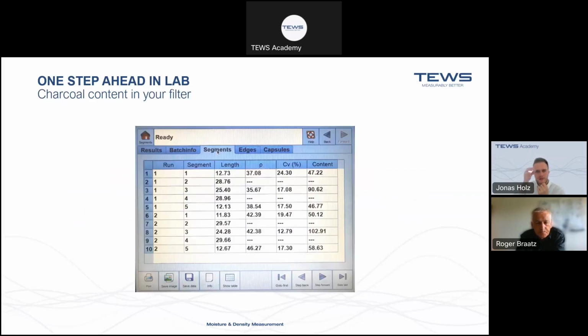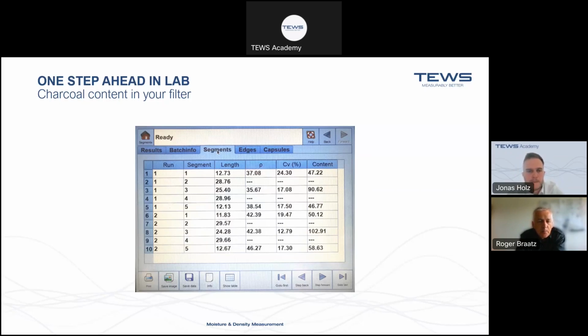Okay, so that would be one of the result tables, right? What exactly can we see here? Can you tell me that? So in the left column, we see we have 5 segments in sample number 1, and I measured 2 different pieces, one after another.